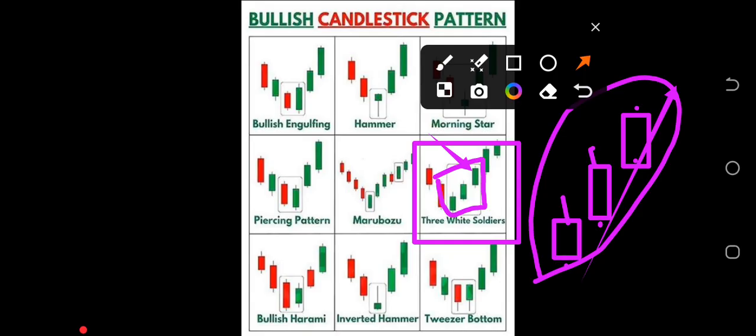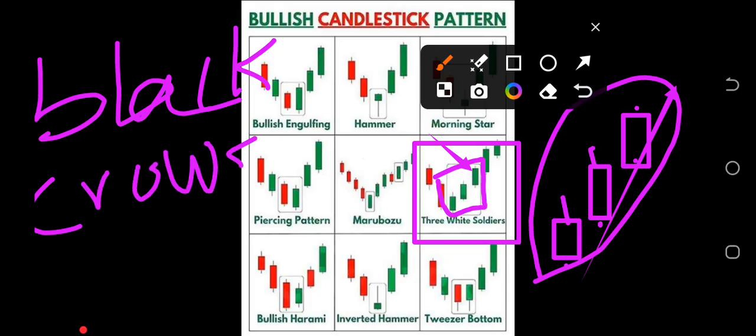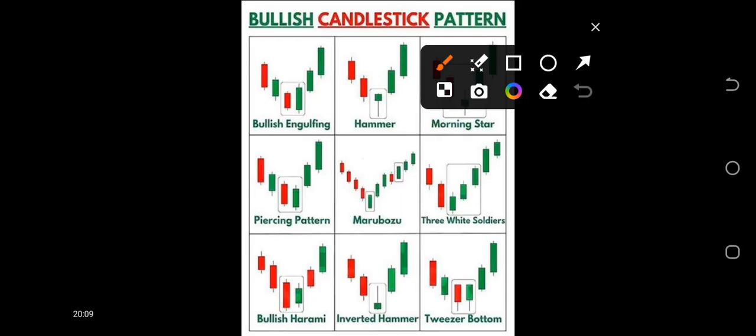Three black crows, black like normal black that you know. Then crows, C-R-O-W-S, three black crows. Those are three white soldiers for the bullish uptrend, and three black crows when it is a downtrend like this.